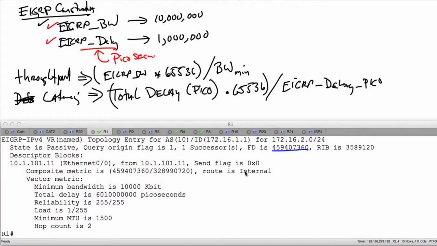So right now we see that we have a metric that's set up for the loopback interface of R2, 172.16.2.0/24, and that metric is 459,407,360.